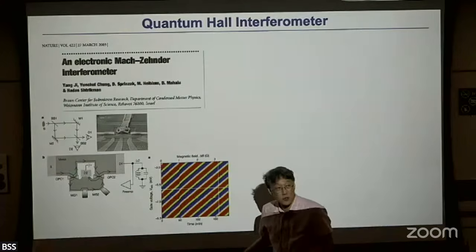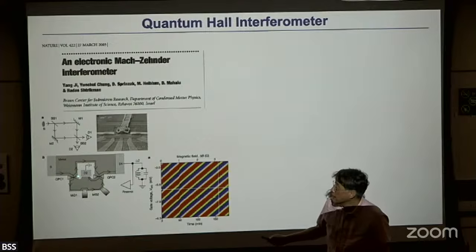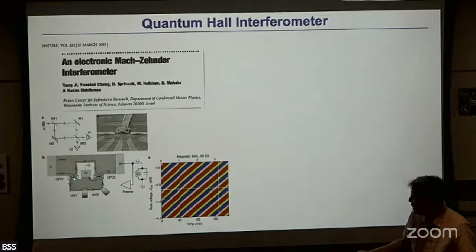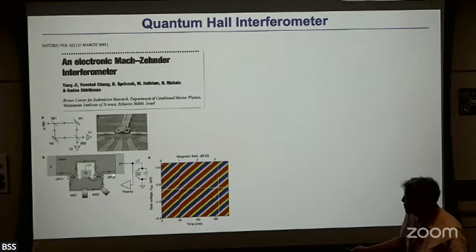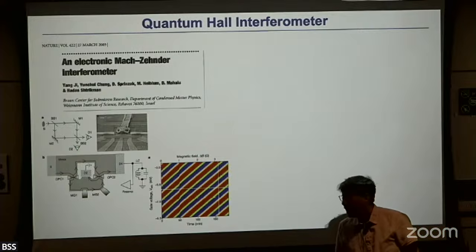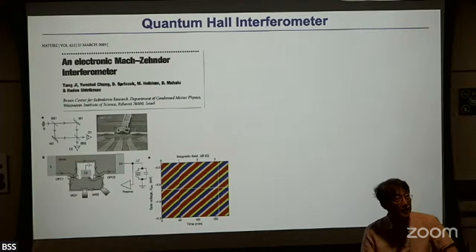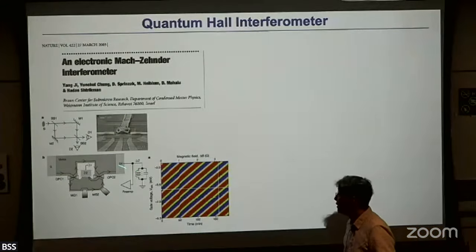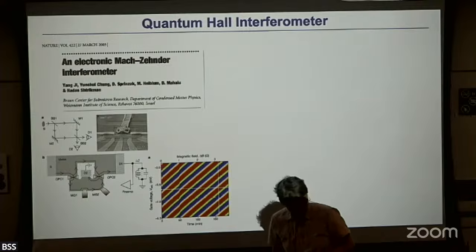That's how you can so-called partition the edge state. In the optical analogy, that acts like a beam splitter, and by controlling the gate voltage, you can control the efficiency of the beam splitter. The topological connection of the edge state with the beam splitter is in fact very similar to the so-called Mach-Zehnder interferometer in optics. And instead of detecting the intensity change of the light, here you simply monitor what is in your detector to get the interference.